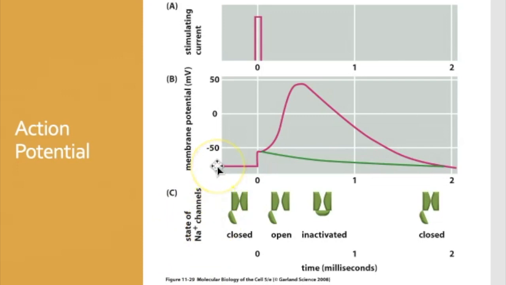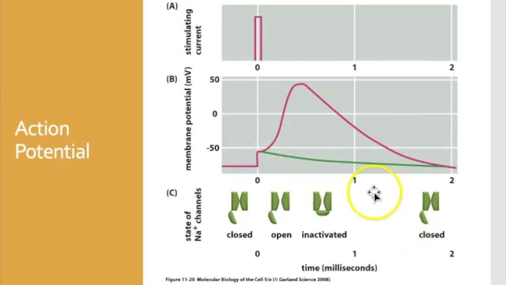So remember that the neuron at rest has the same resting membrane potential that all cells have, about minus 60 millivolts. On the x-axis here, we're looking at time passing by. And on the y-axis, we're looking at the membrane potential in millivolts. So we start off at rest with the pink line flat at minus 60, and then at time 0, something happens.